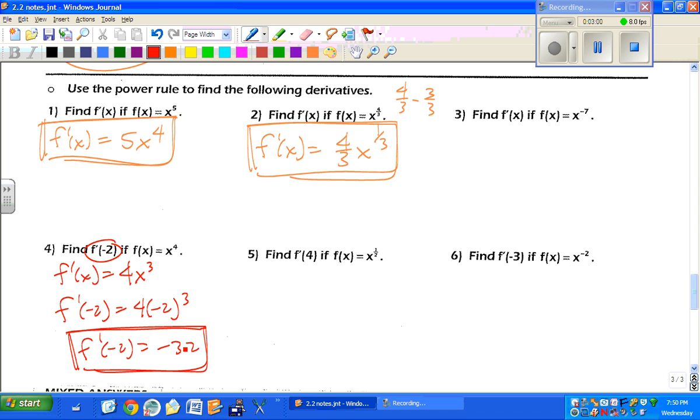Slope of -32. So I want you guys to go ahead and take about a minute, if not a little bit less, and try 3, 5, and 6.